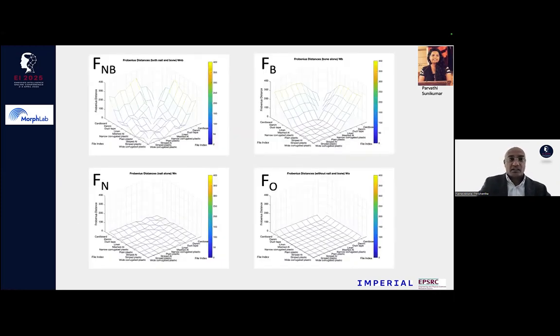What we see is that without anything, of course, there's no differentiation across different textures. With the nail, it increases to have some differentiation.